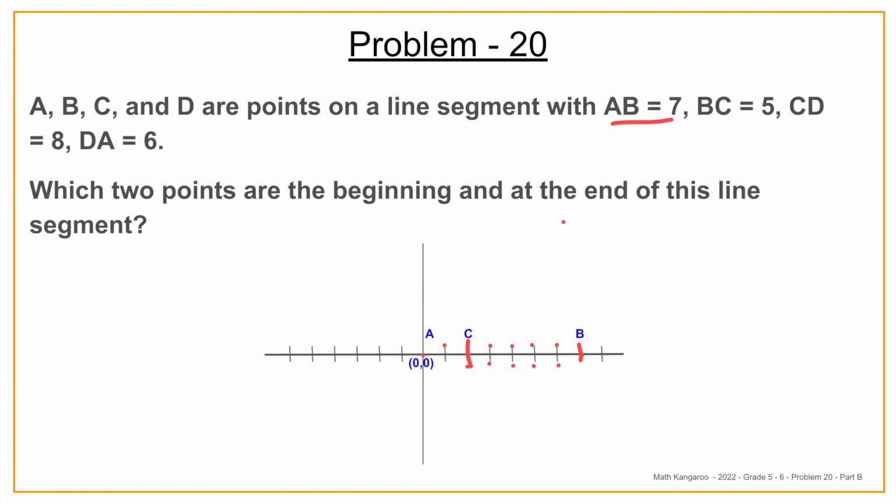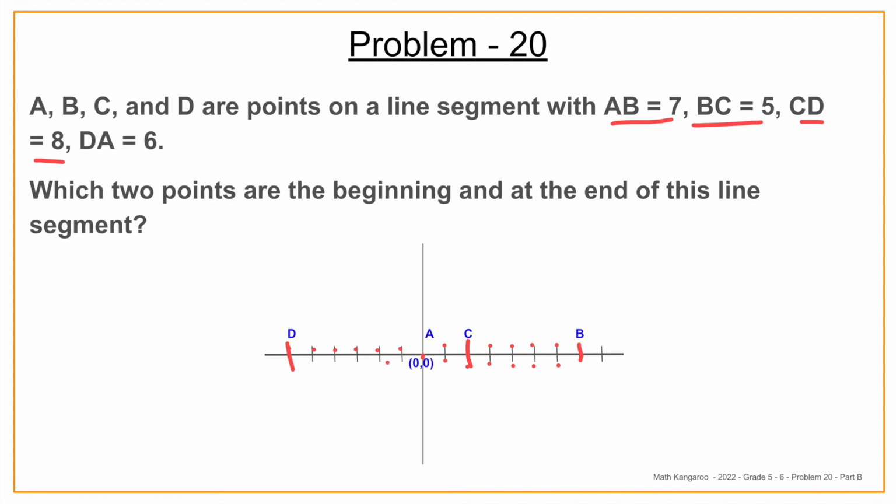So we mark this BC 5. Now we have CD equal to 8. That means we go back and we say 1, 2, 3, 4, 5, 6, 7, 8 and we mark it as D. Now we have DA equal to 6.